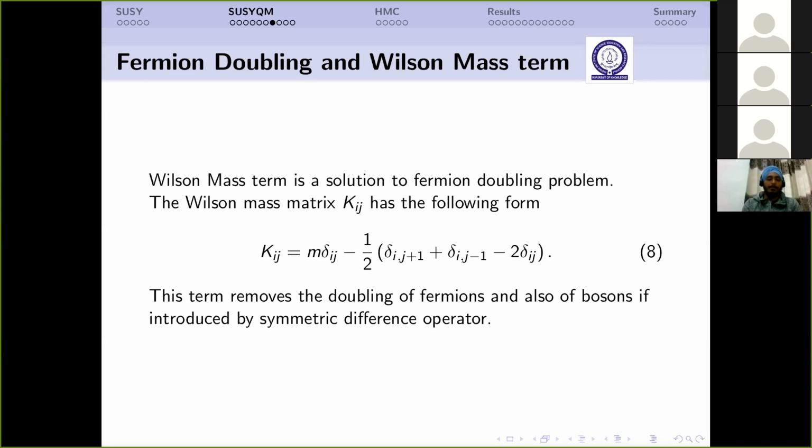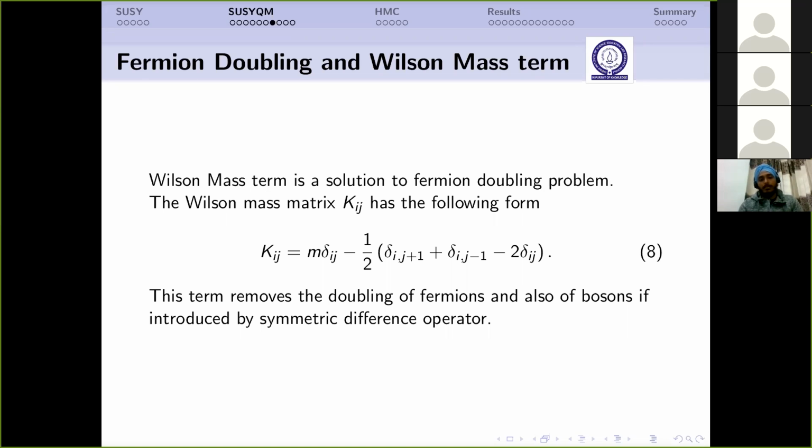With this, the symmetric operator that we have taken is also introducing doubling in the bosons. So both bosons and fermions are having doubling in that particular case. We can have a forward or backward difference operator instead of the symmetric one to avoid the bosonic doubling.